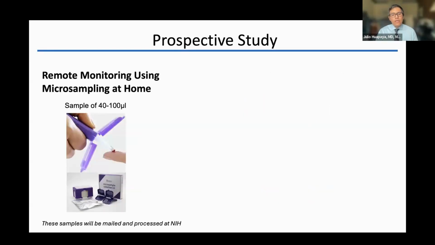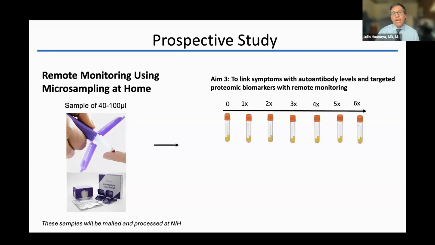Now, this is the second part of the study, which we're also very excited about because there is another technology that is based on microsampling kits. So you can just get from your finger stick up to 100 to 120 microliters. And you can imagine what we would like to do, and it's our dream.